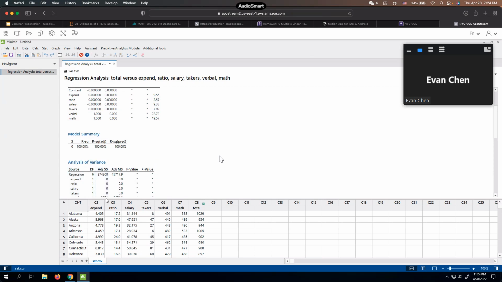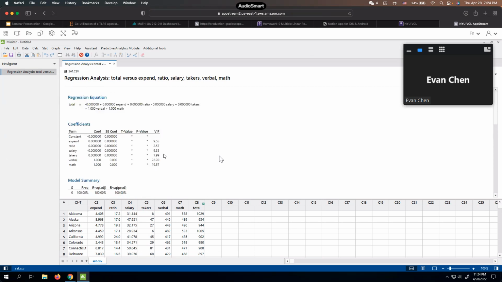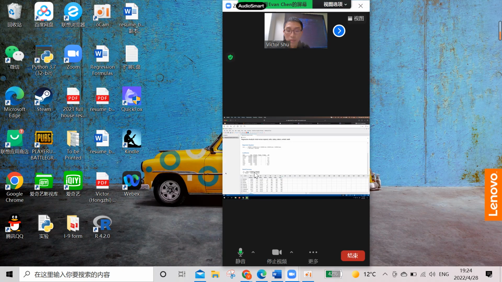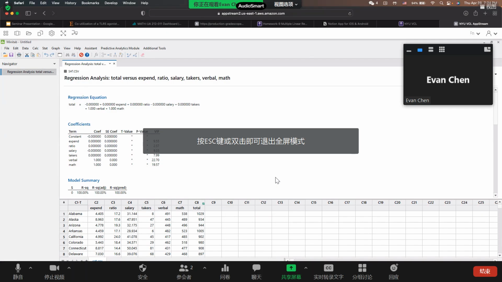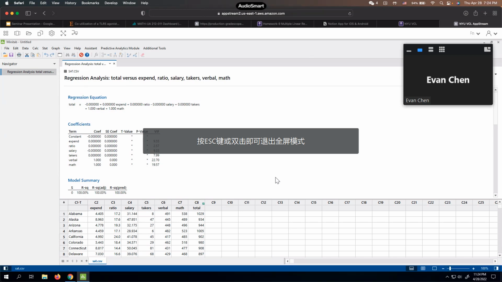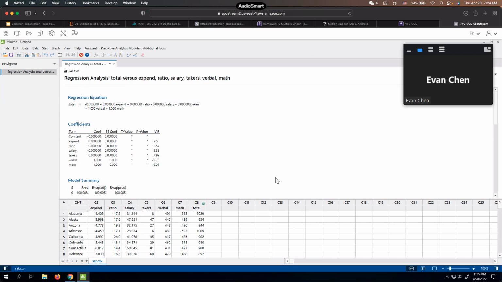So instead of putting all of them into one regression analysis, you just do 4. I think it's 4, right? Maybe I'll check. There are 4 different data sets. You just do it separately.